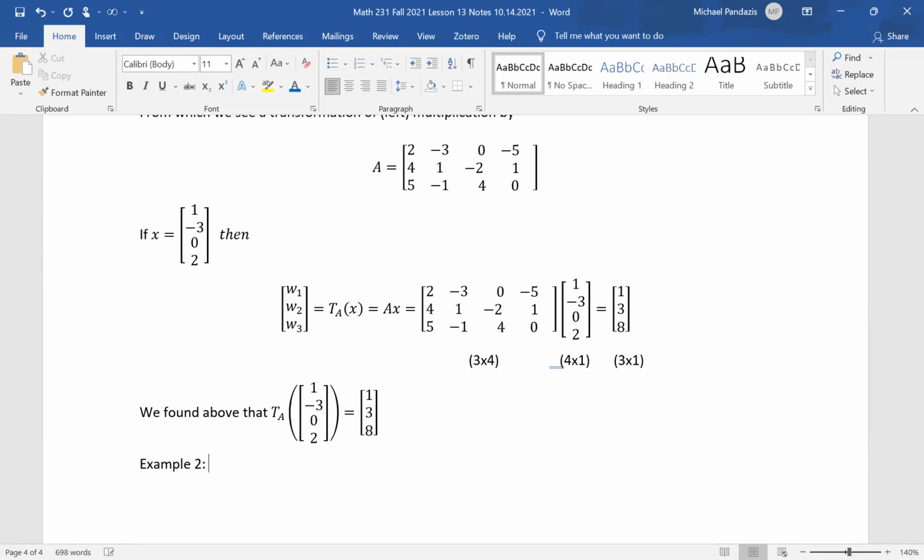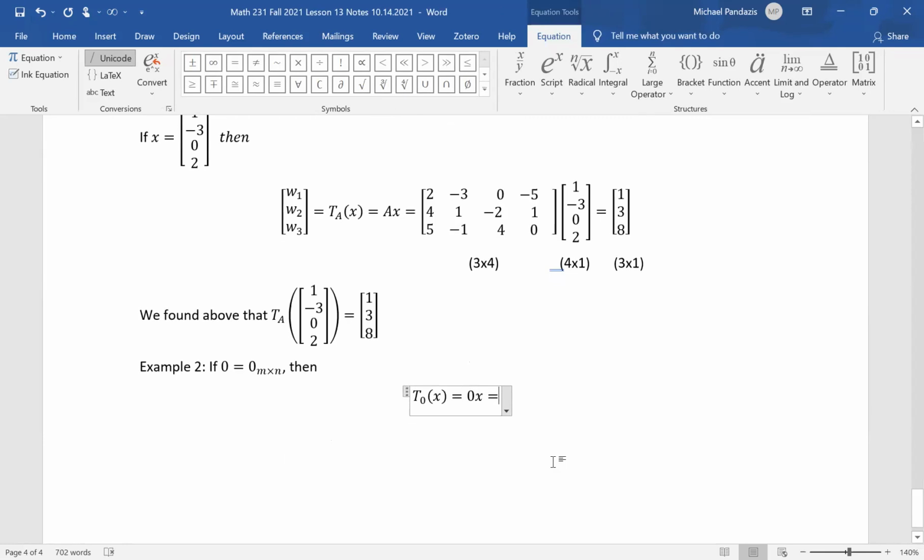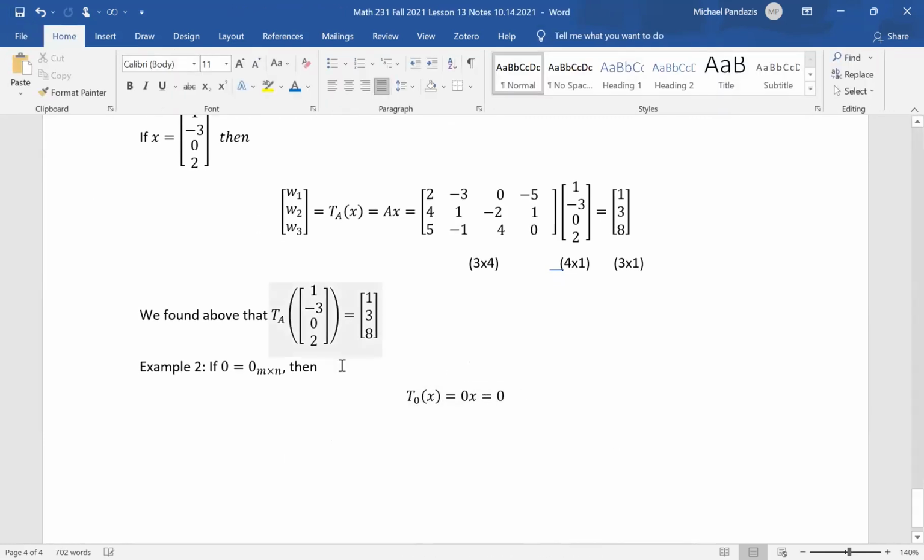Example 2 is: if 0 is equal to the 0 m by n matrix, then T naught of x is equal to left multiplication by the m by n matrix 0, and that's equal to 0. But again, I went over this another day, how you have to take into context the meaning of a 0.